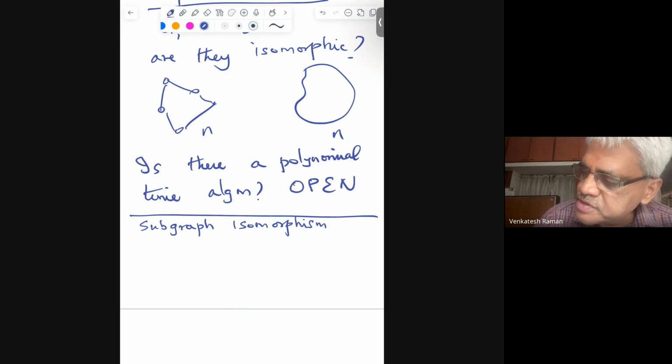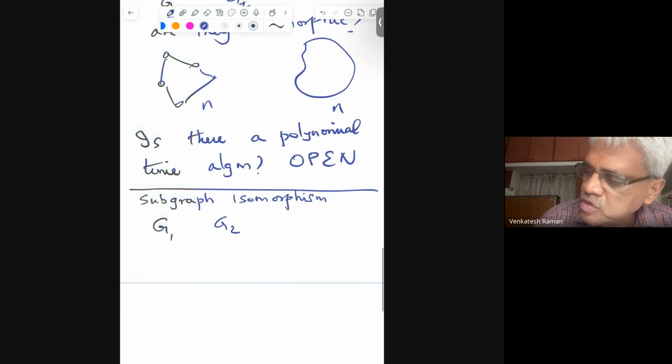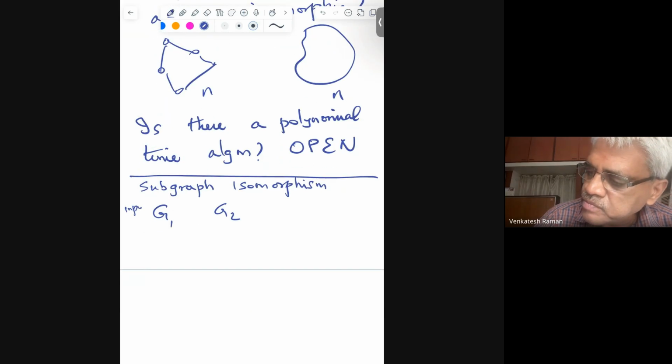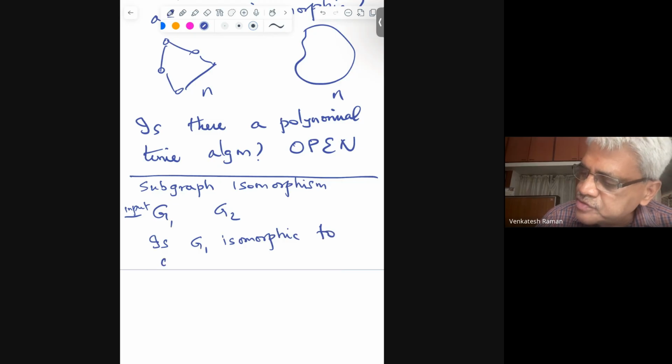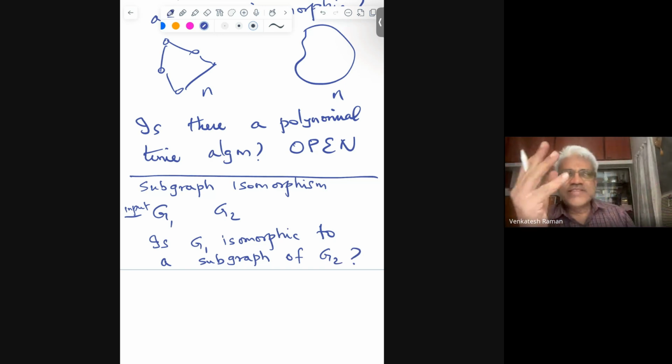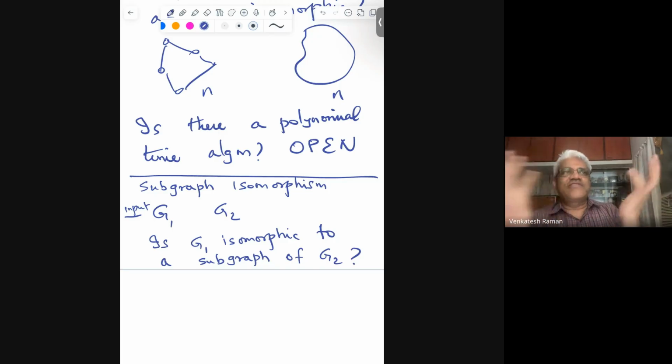Subgraph isomorphism is: you are given G1 and G2. This is the input. And ask, is G1 isomorphic to a subgraph of G2? Okay, so we already discussed isomorphic means it's the same.